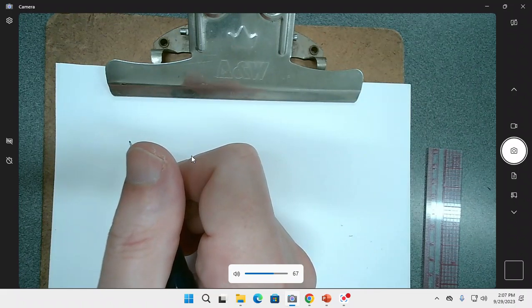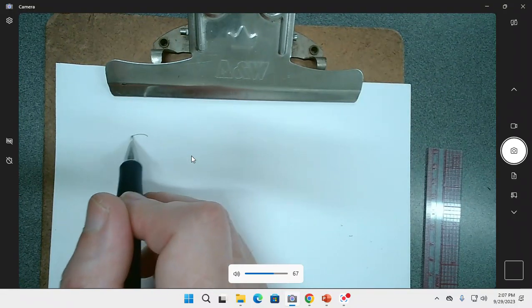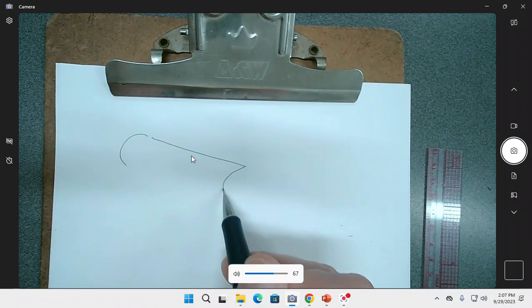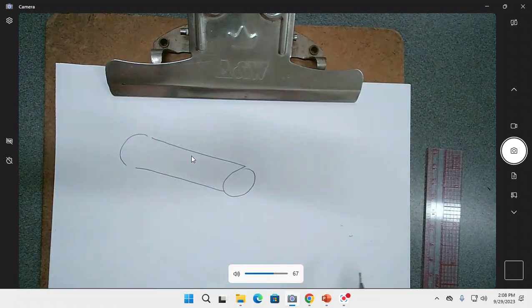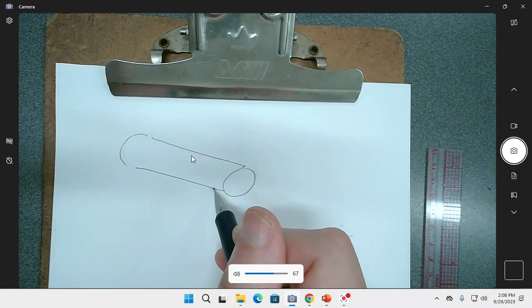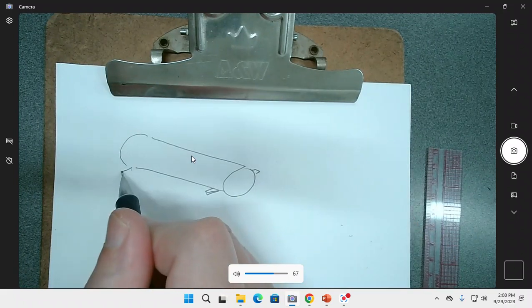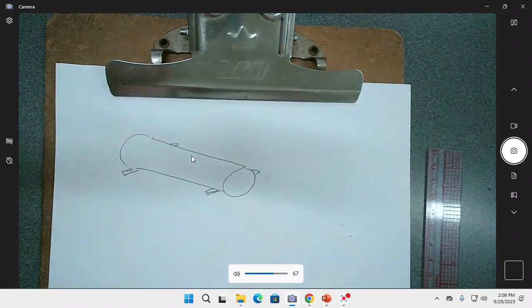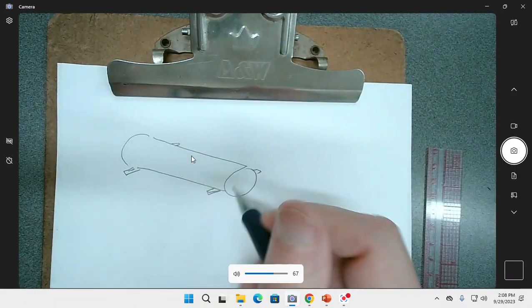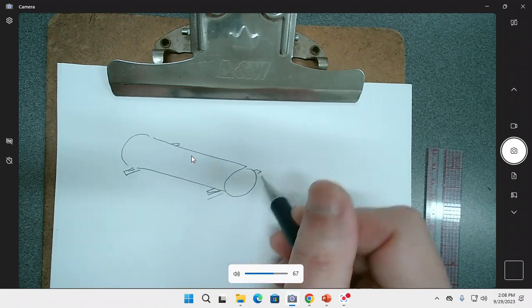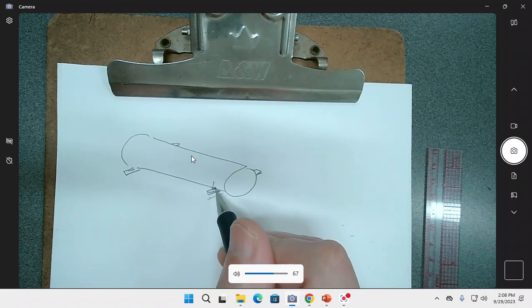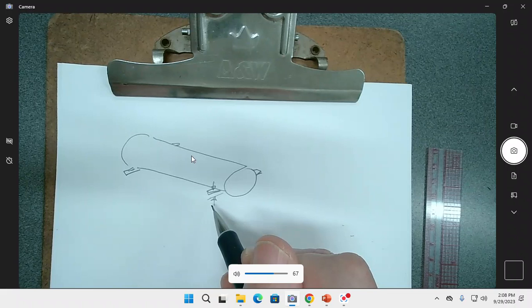Let's say some mean... Oh, I could show you the meanest problem I've ever made. Someone took this heat exchanger and they mounted it on its little legs, except that the thing they mounted it to had a gap right here.